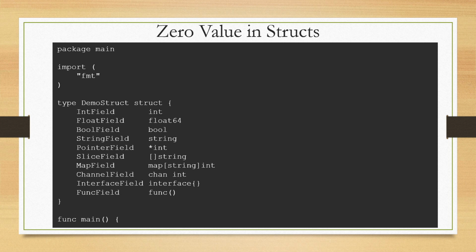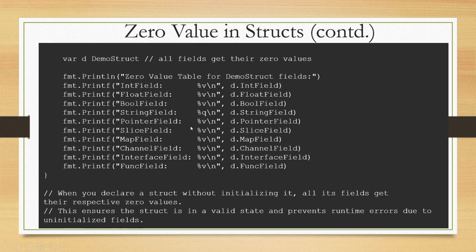So here we have taken one example of a zero value in a struct. Here you can see we have declared a bunch of variables without initializing anything, and afterwards we have simply printed our statements. Now let's try to understand this example in VS Code.